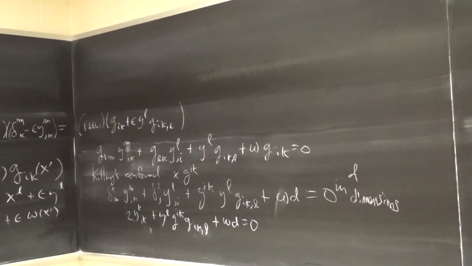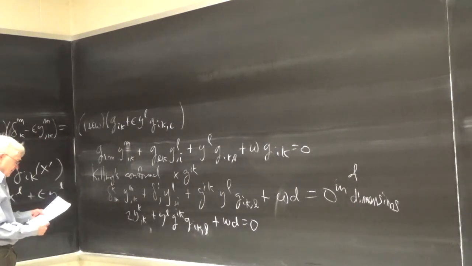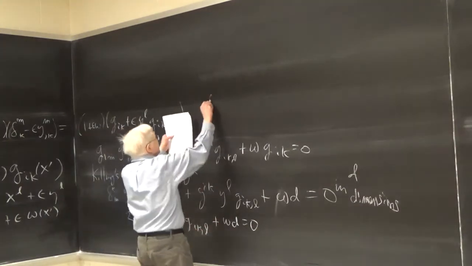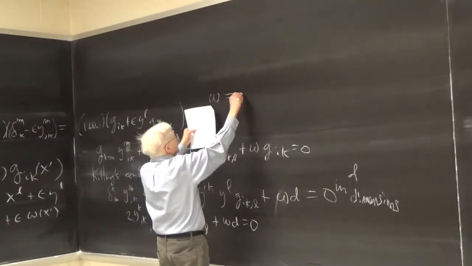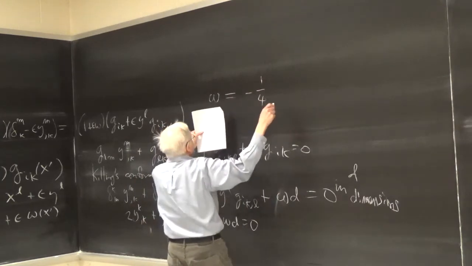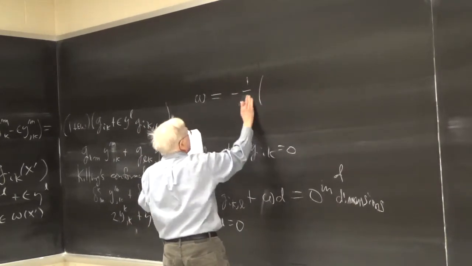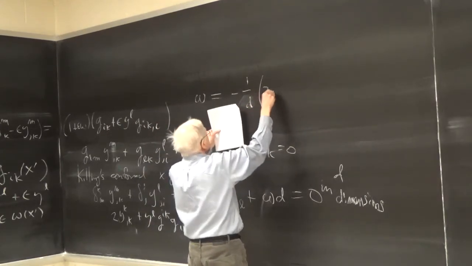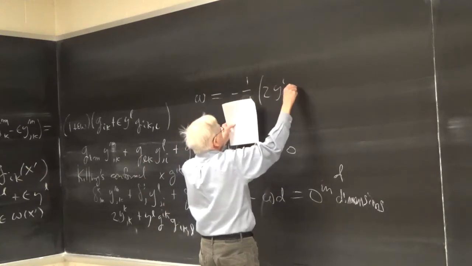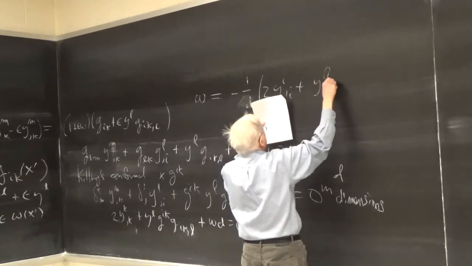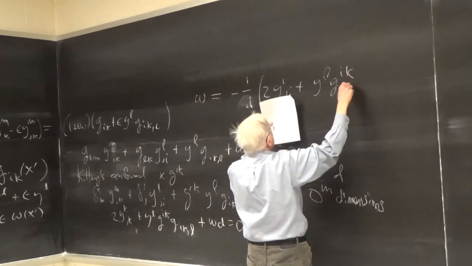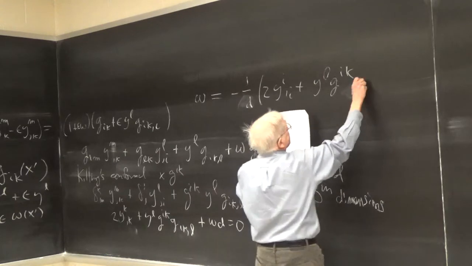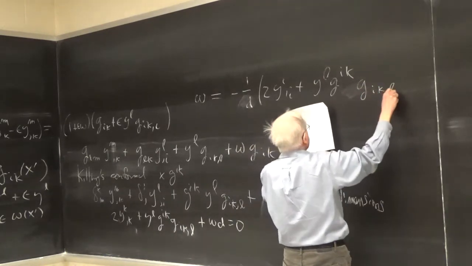But now we can go one step further, because this obviously is an equation for omega, and this tells us that this conformal factor omega is minus 1 over d times (2 y^i_{,i} plus y^l g^ik g_ik,l).